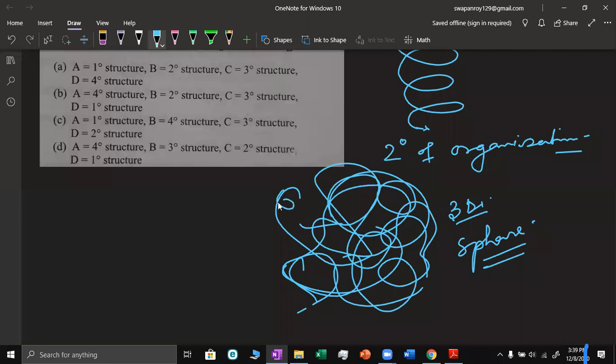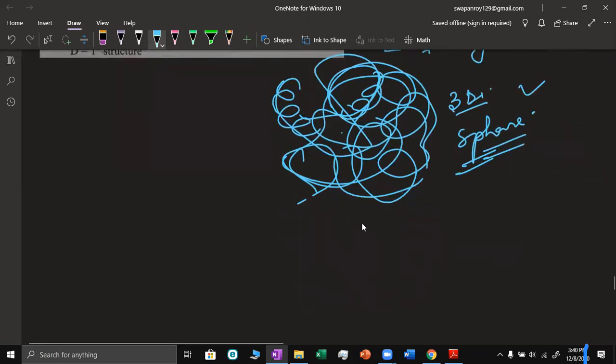In some portions the secondary level is there. So this is the 3D structure, and protein molecules are functional at this third level.